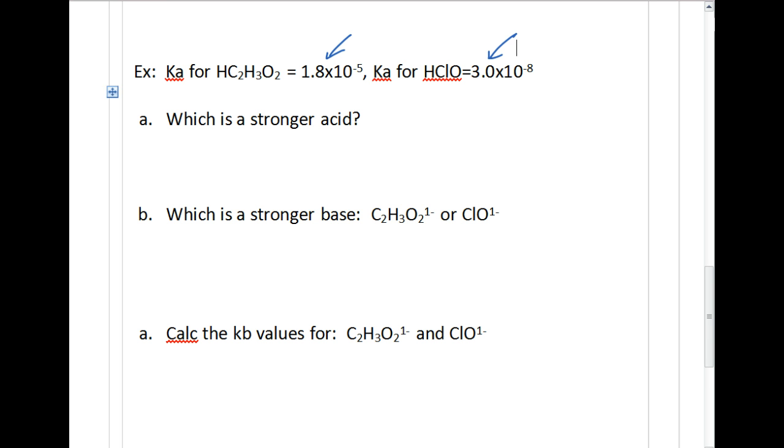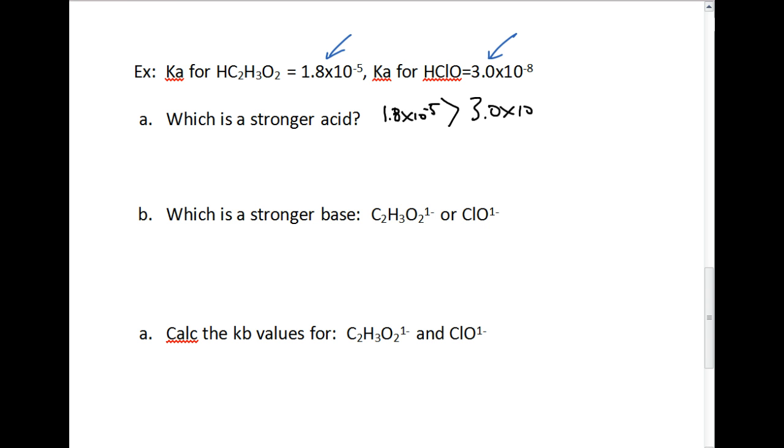Both are weak acids. And the question being asked in part A is, which is the stronger of the two acids? Well, the stronger acid is going to be whichever has the greatest Ka value. 1.8 times 10 to the negative 5th is greater than 3.0 times 10 to the negative 8th. So the stronger of these two weak acids is going to be acetic acid.